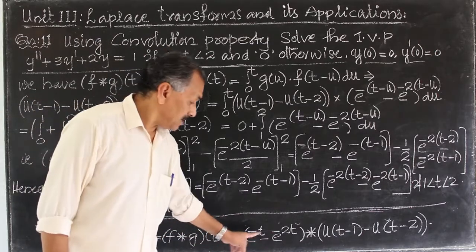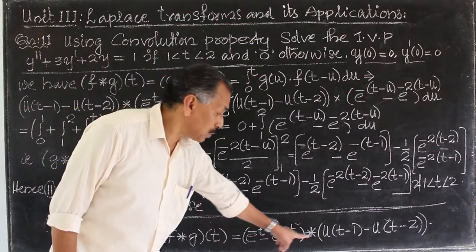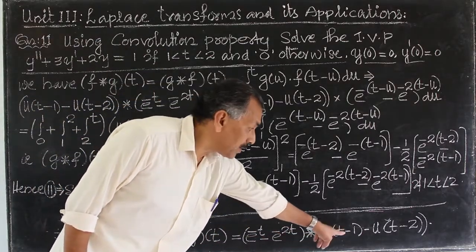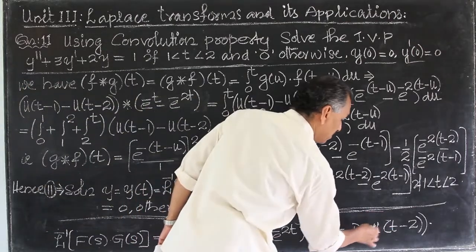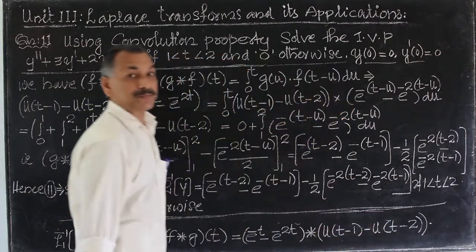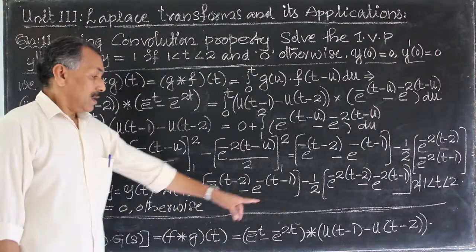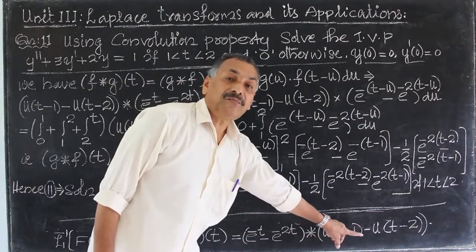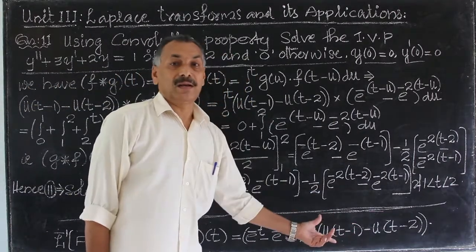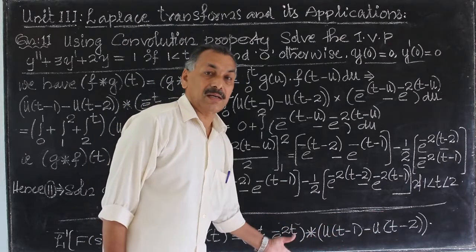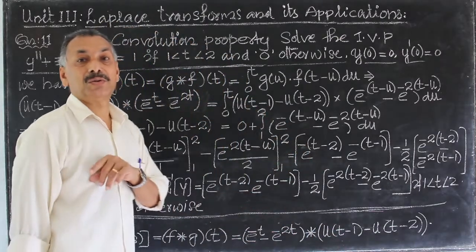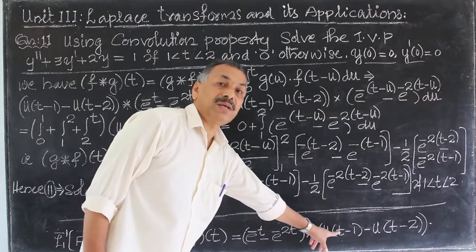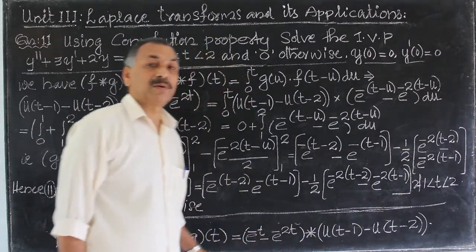F is e raised to minus t minus e raised to minus 2t, after u of t minus 1 minus u of t minus 2. G of t is equal to u of t minus 1 minus u of t minus 2. Then the unit step function, take this as F and this as G, and integral 0 to t F of u into G of t minus u du.